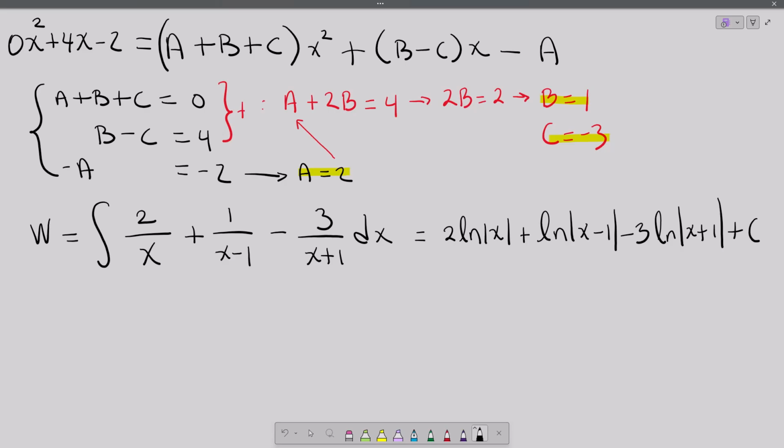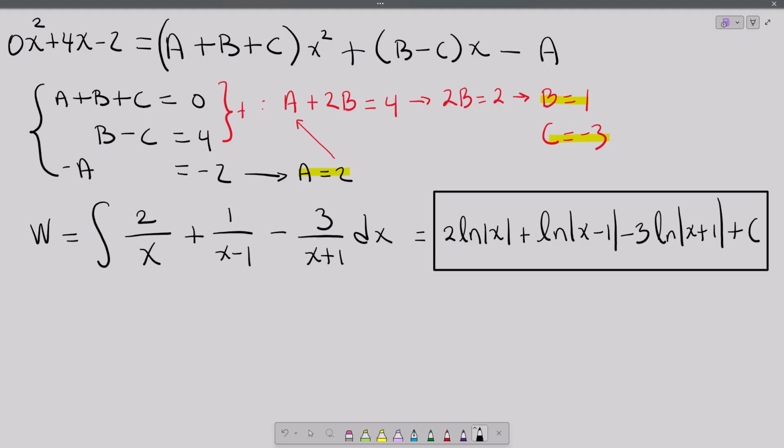So once we have all those smaller fractions, they integrate instantaneously because they're all in log form. Yeah? Yep. So we like that.